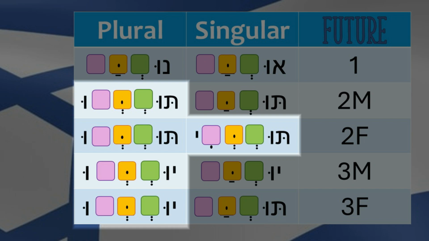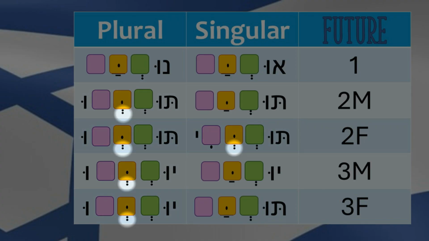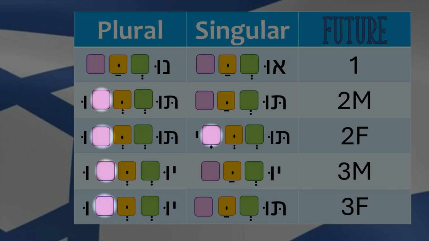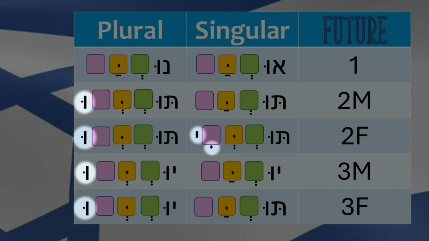But if the particular form we're talking about does have a suffix, then it's going to be a little different. The second shoresh letter is going to have another schwa, just like the first shoresh letter. And then the third shoresh letter is going to have the correct vowel that goes with the person. So the second person singular feminine gets an E vowel.